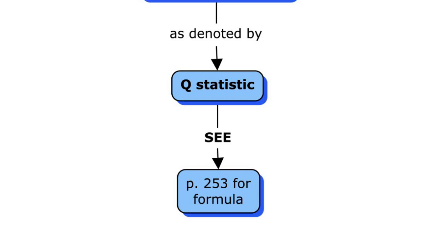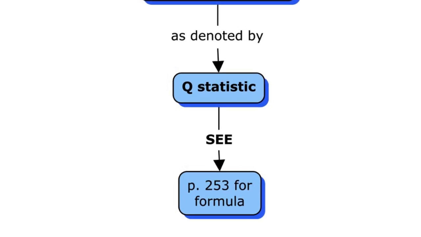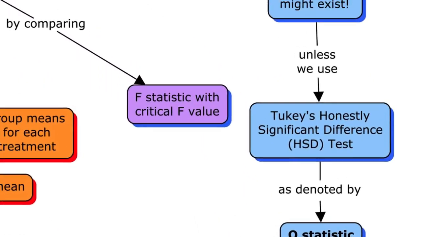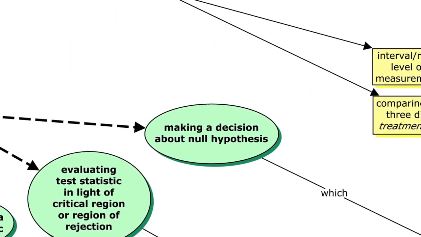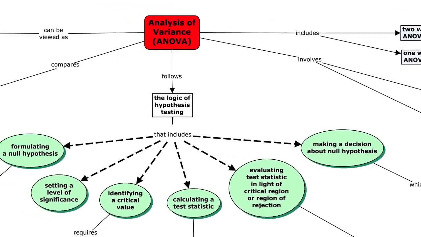I won't continue on any further, but I will simply invite you to return to your textbook to review the materials that address the use of the Q statistic as a way of determining where those differences might be. And of course, last but not least, you must remember that maybe you have committed an error in your decision making. But for all intents and purposes, we'll end there.